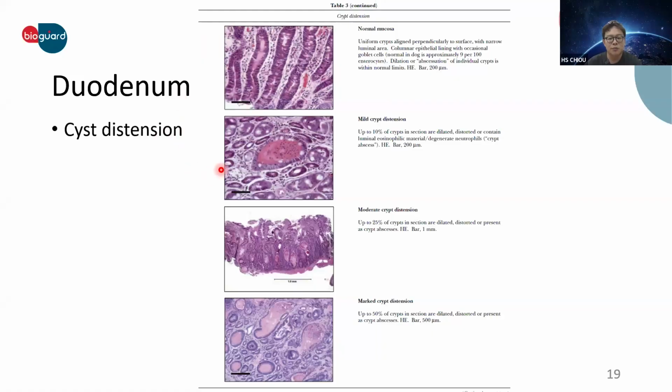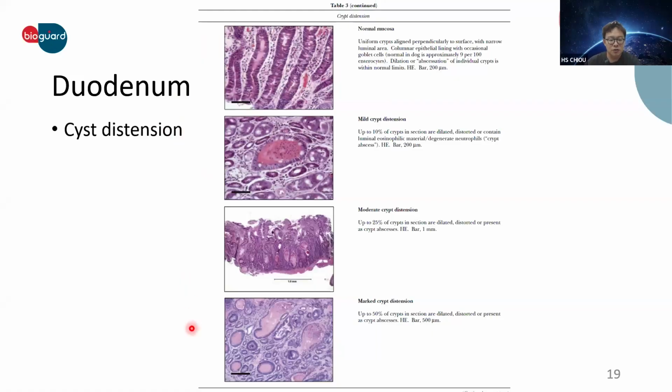With mild distension, up to 10% of crypts become dilated or distorted and may contain eosinophilic debris or inflammatory cells. In moderate cases, up to 25% of crypts are affected, with more obvious dilation and frequent crypt abscesses.